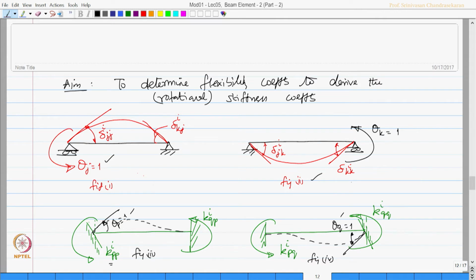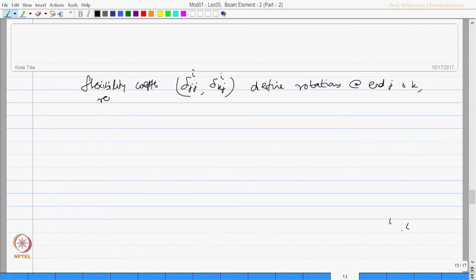So, now we can straight away say figures 1 and 2 show the flexibility coefficients delta Jj and delta Kj, which define rotations at j and k respectively of the ith member caused due to unit moment. Okay, we are talking about flexibility.